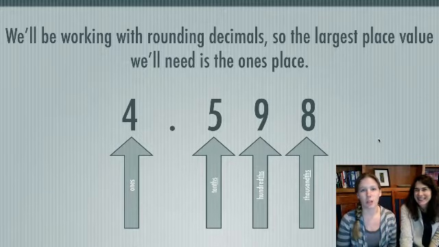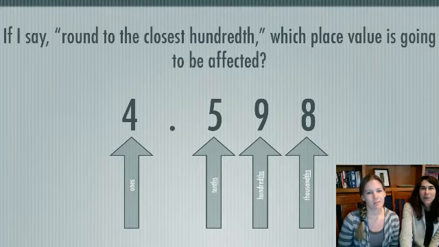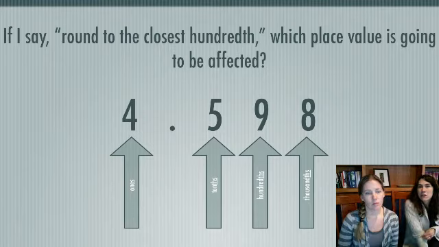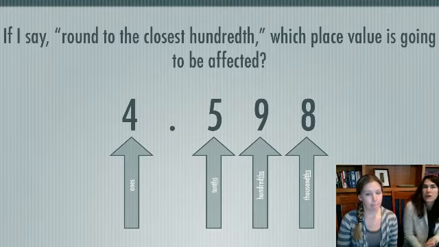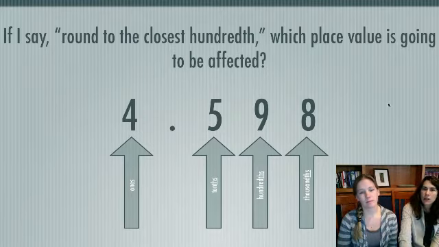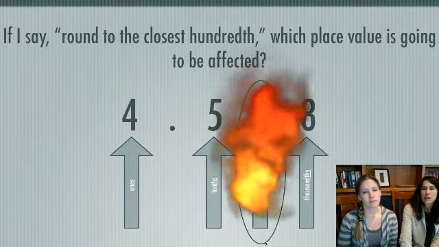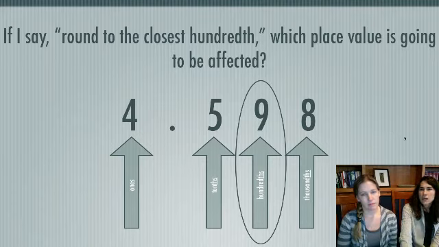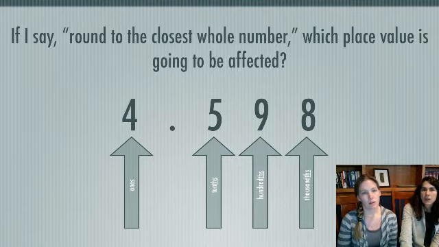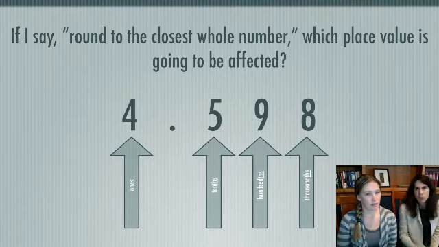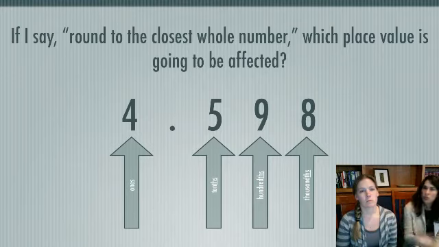Really big whole numbers. So, if I say round to the closest hundredth, which place value is going to be affected? Hopefully you're looking at the number 9 right there. So, if we say you need to round to the closest whole number, which place value is going to be affected then?